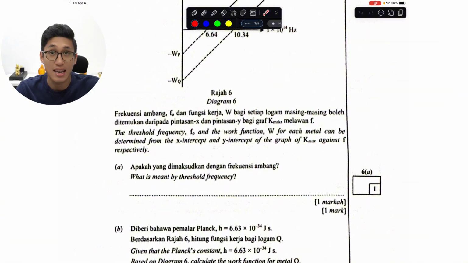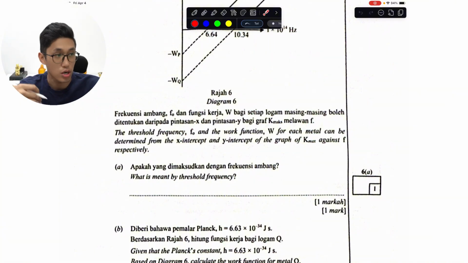Basically, if you shine light onto a metal, the metal will release electrons. But not all light can cause the metal to release electrons. The light actually needs to be above a specific frequency, which is basically this minimum frequency of the metal.